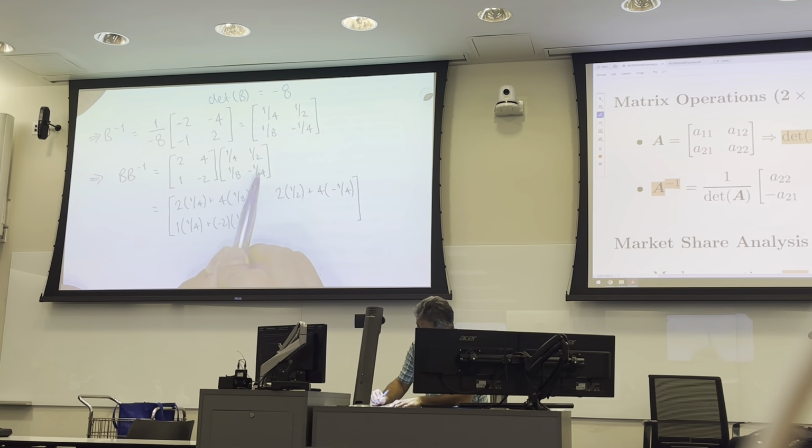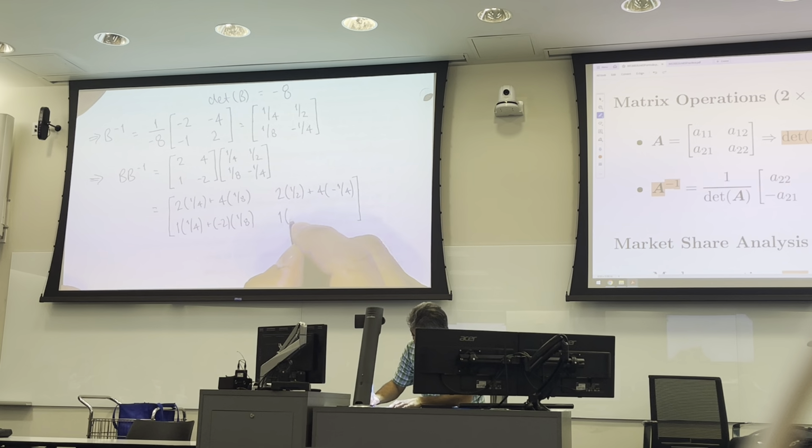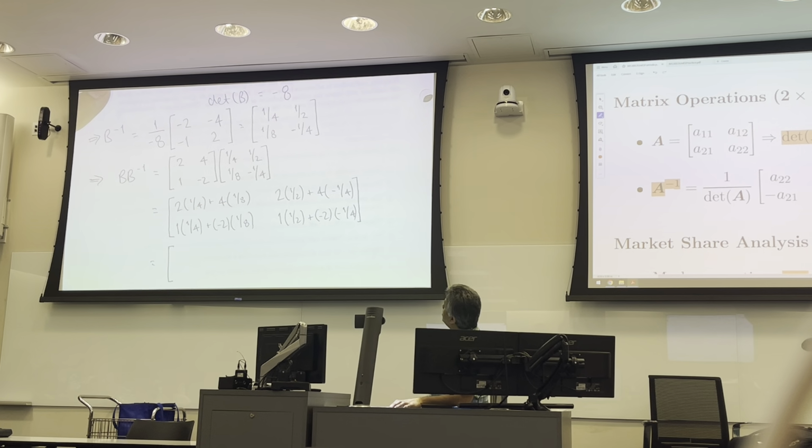Second row, second column. 1 times 1/2 plus -2 times -1/4. All right. Half plus a half is 1. 1 minus 1 is 0. 1/4 minus 1/4 is 0. Half plus a half.